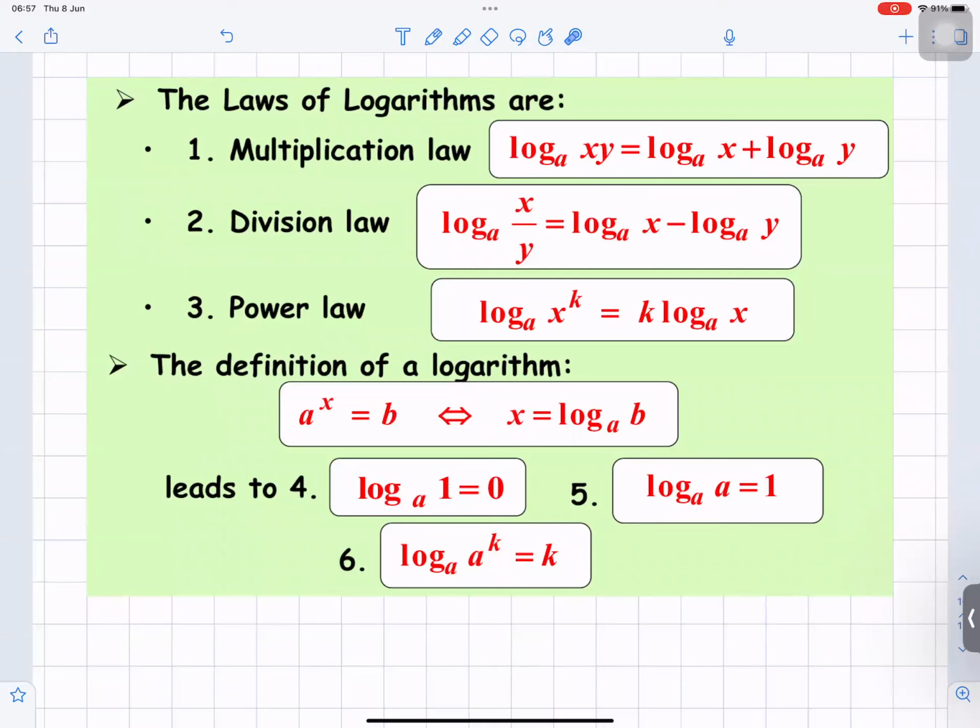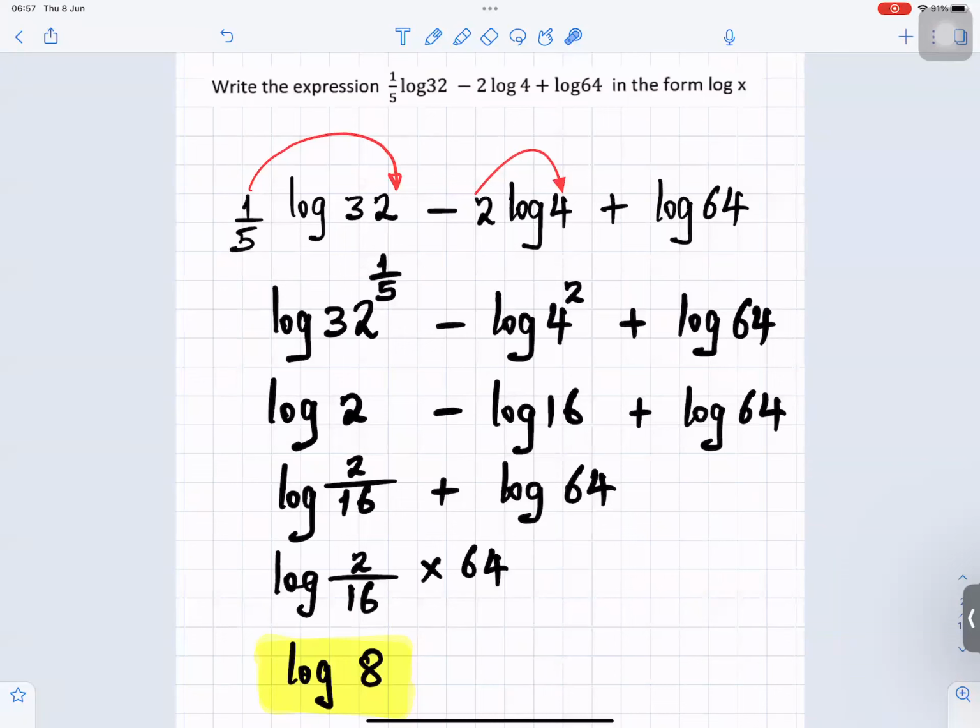So I'm looking at this division law: when you subtract 2 things, you divide them. And multiplication law: when you add 2 things, you multiply them. So now we're adding log 2 over 16 and log 64. When you add, you multiply them. 2 over 16 times 64 will give you log 8. So that's another way to do the same question.